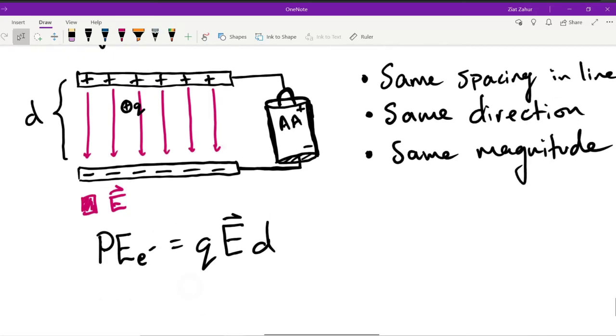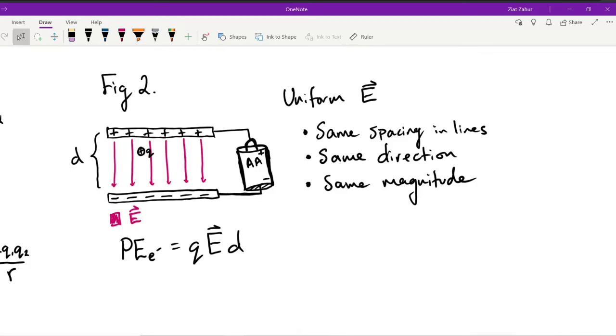The electric field is constant between these two plates. And you also want to maintain the distance d the same. So the separation distance has to be the same as well. Same spacing in d. Separation of plates.